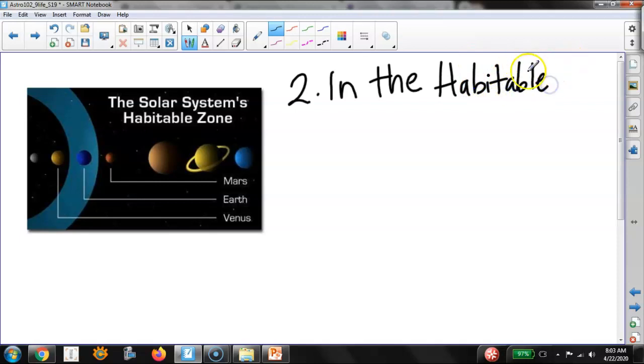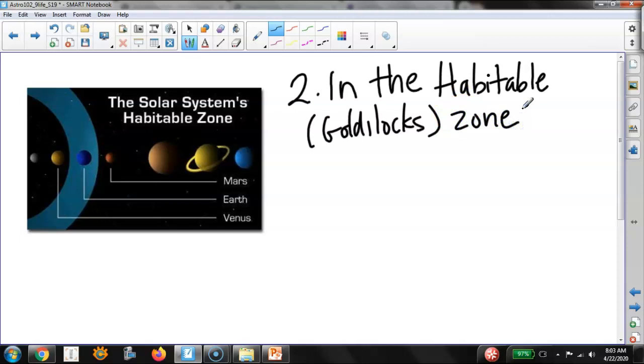So the habitable, or it's sometimes called the Goldilocks zone, because it's not too hot and it's not too cold. It is just right for what? For liquid water. So the habitable or Goldilocks zone really describes how far away the planet orbits. So it's the distance of the planet from its star.